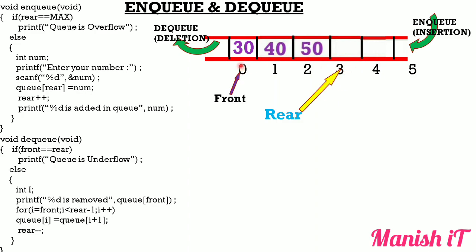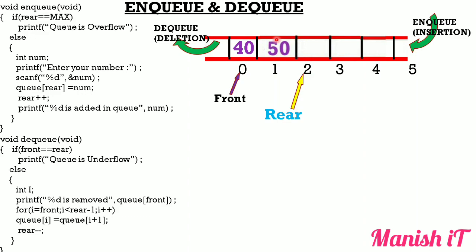Now once again the user calls the dequeue function and wants to delete this 30 from our queue. After calling that dequeue function, 30 is removed, and all elements are shifted. After shifting, rear is decremented again, and it starts pointing to the third location, that is second indexing.